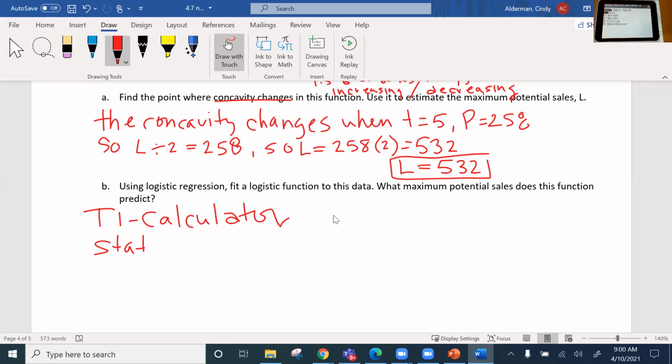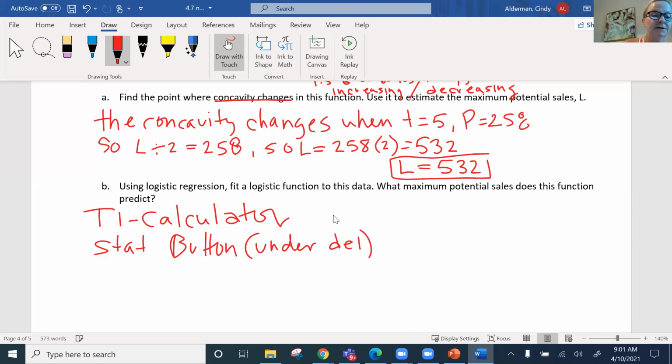You're going to get this screen right here. Then you're going to pick option 1, which is edit.